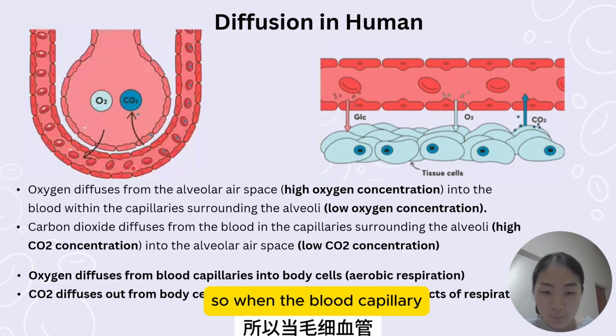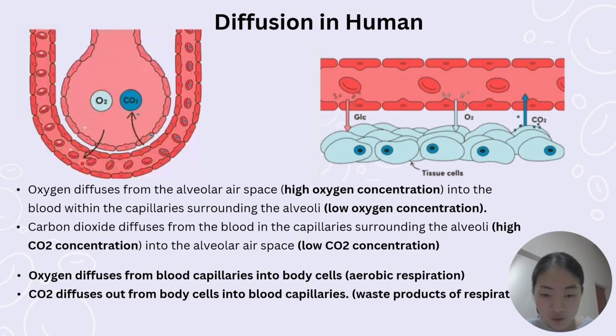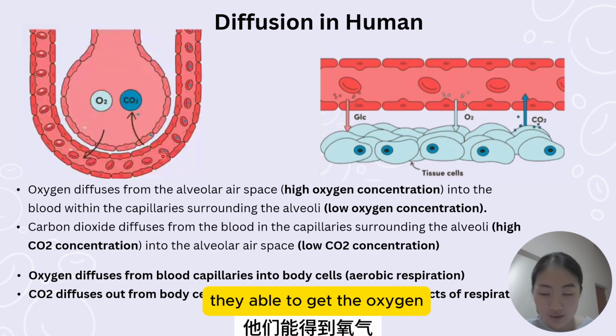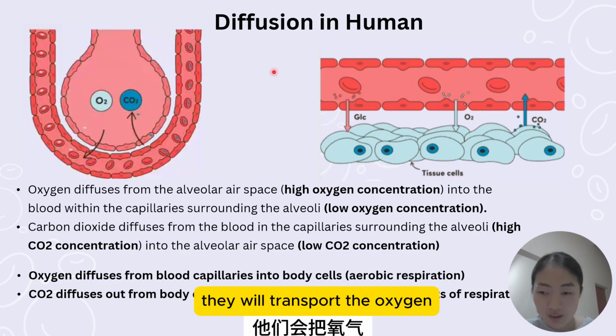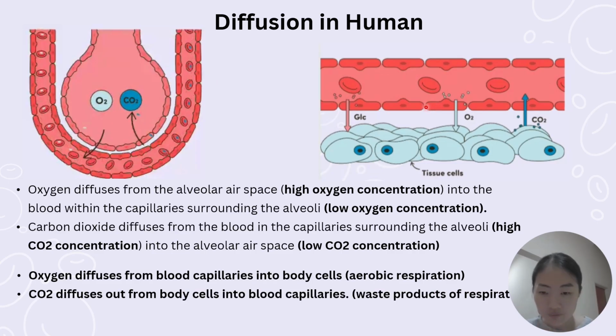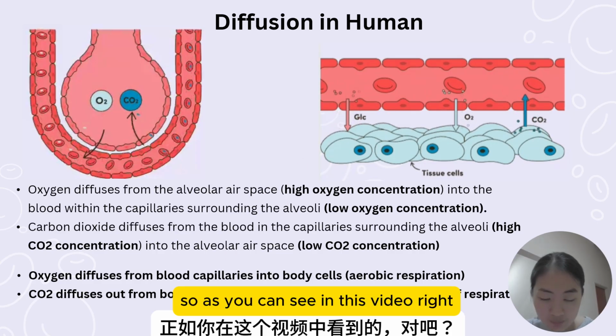So when the red blood cell inside the blood capillary gets the oxygen, it will transport the oxygen to the target body cell. So you can see in this video, right?